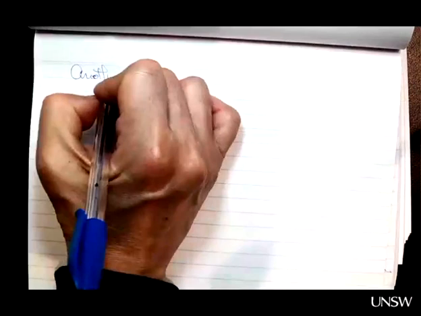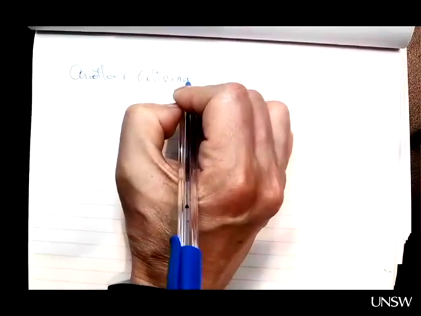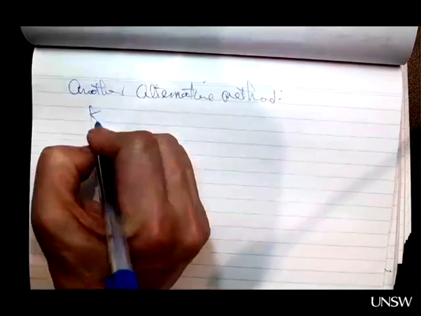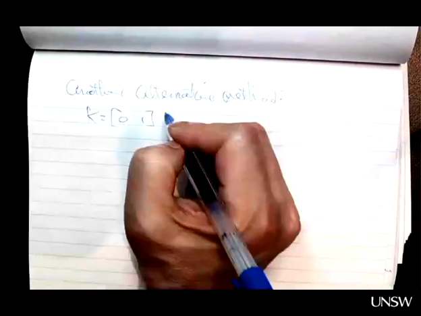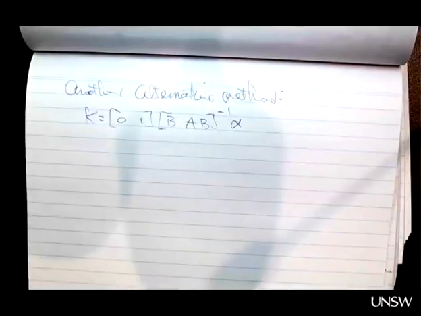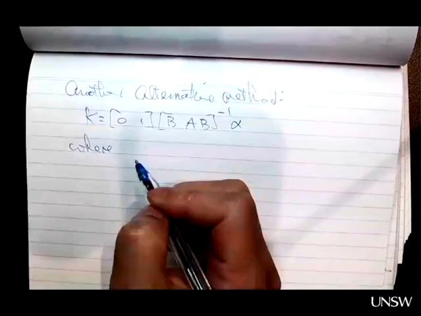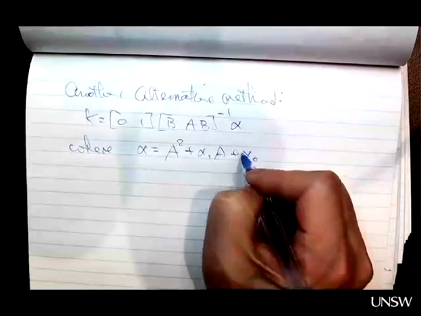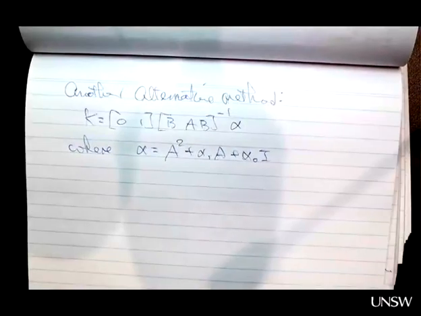Okay, yet another alternative method. It's given that K equals this form, where the term alpha is also a matrix, A squared plus alpha 1 A plus alpha 0 I. So here, the A is raised to the power of 2.